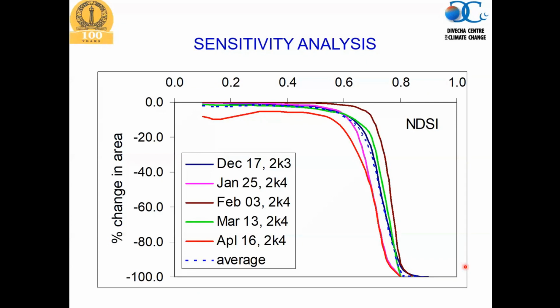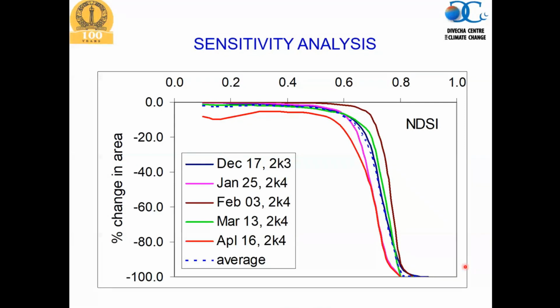So I want to understand what the threshold value of this is. You do a sensitivity analysis to understand whether it should be 0.4, 0.5, 0.6, 0.7, 0.8. I don't know what it is. So what you do is take a region which is predominantly covered by snow, and of course it will have a small amount of vegetation, land, and other features, but it is predominantly snow, and try changing its threshold value.